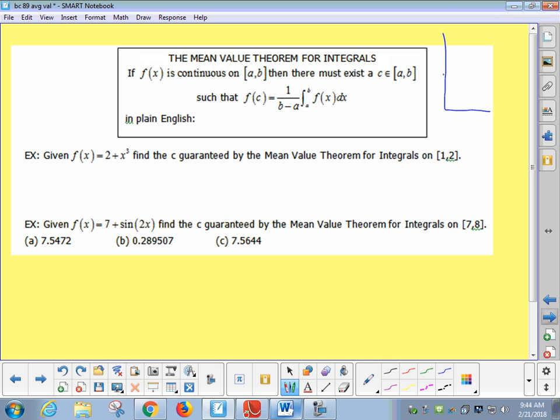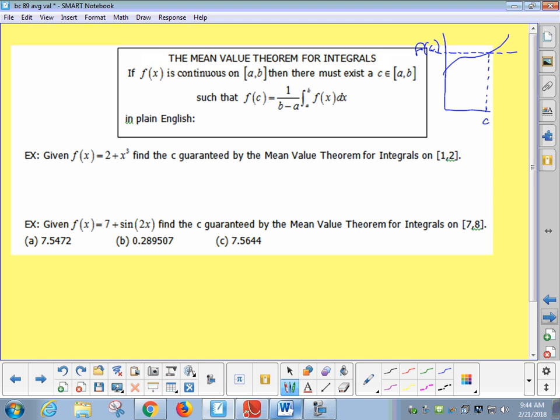If you had a curve here, the average value would be in here somewhere, f at c, but the question might not be what is that y, but rather what is this x, where that's made. Especially for physics purposes, it's sometimes important, you'll see. So the mean value theorem for integrals, which right away will get confused with the mean value theorem, period.